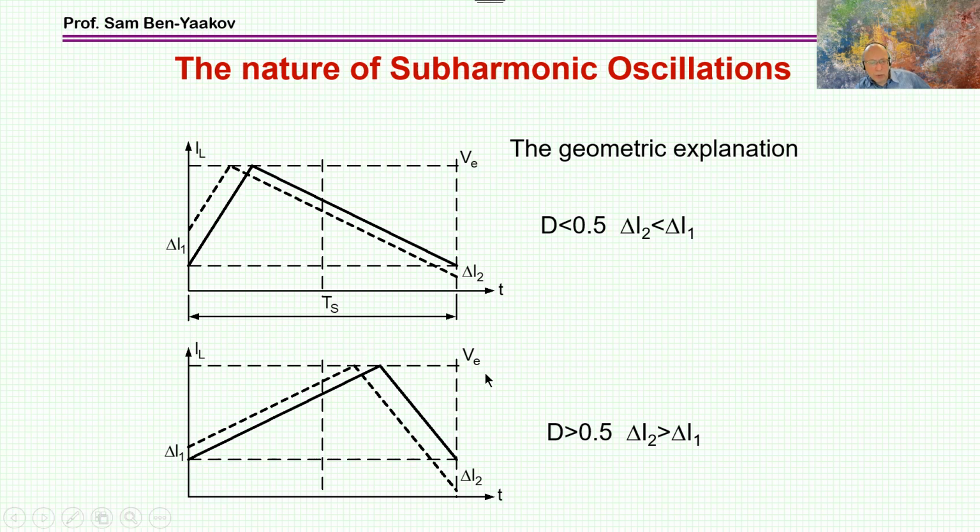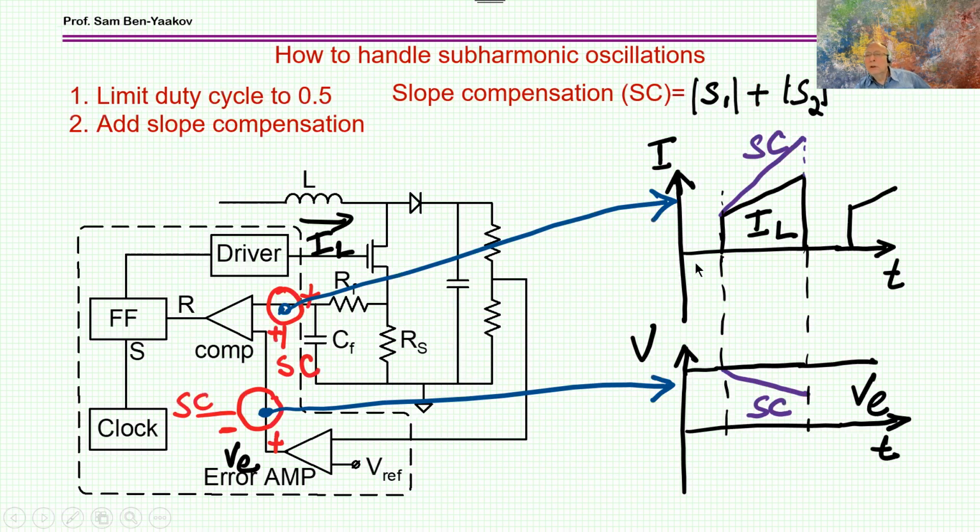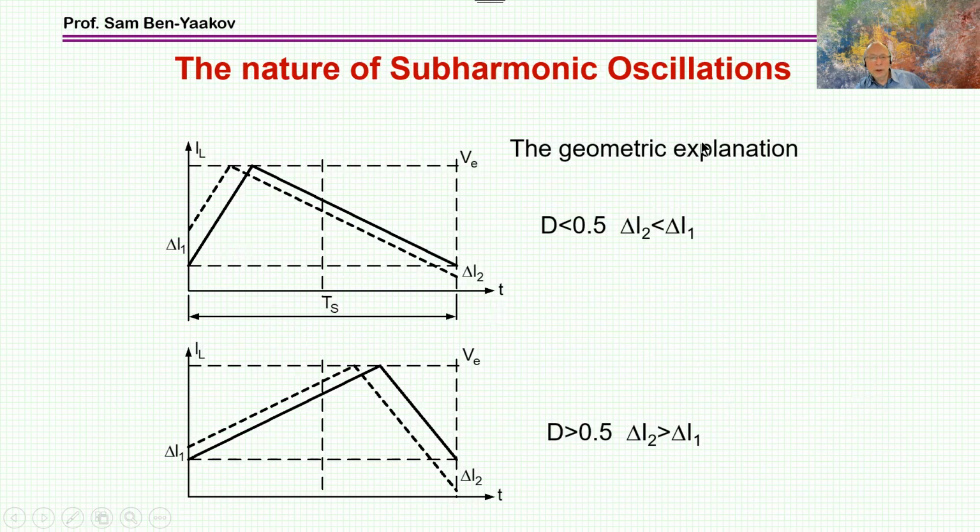Or you can add what is called slope compensation, which will remedy it. Again, due to the shortage of time, I cannot develop the proof of it, just give the end result. Whoever is interested, there are many papers, and the original paper of Professor Middlebrook gives all this.